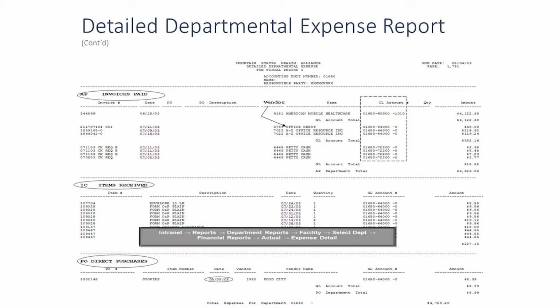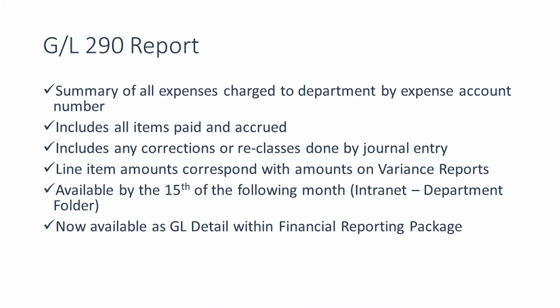So they're making sure that we're paying vendors for what we should be paying, and that expenses are charged to their department appropriately, and they should let any of their accountants know if any of this is not correct. An additional report summarizes expenses by each expense account number and includes everything that's paid and accrued.